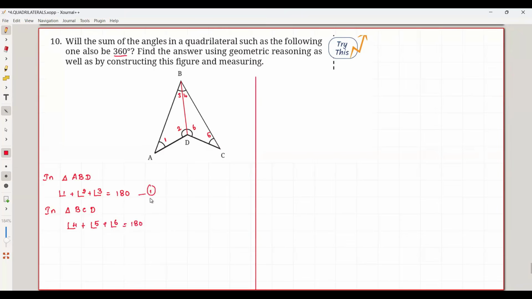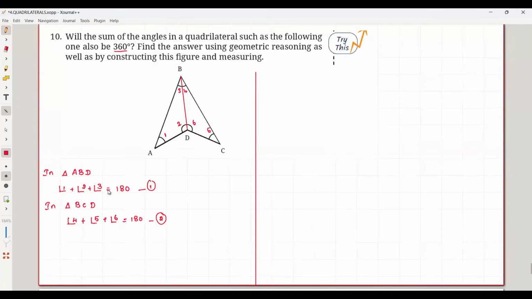I'm just taking the first as equation 1 and this is the second equation. Now I am going to add both the equations, add 1 and 2.